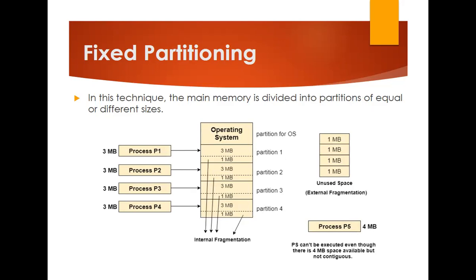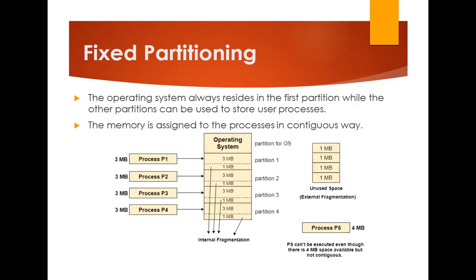So it does not always need to be the same megabytes of partitions. It can be different. The image is explaining everything, but I want to continue from the text.